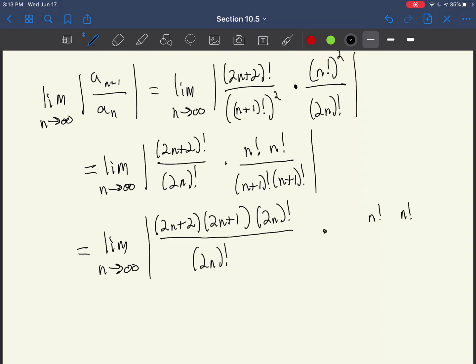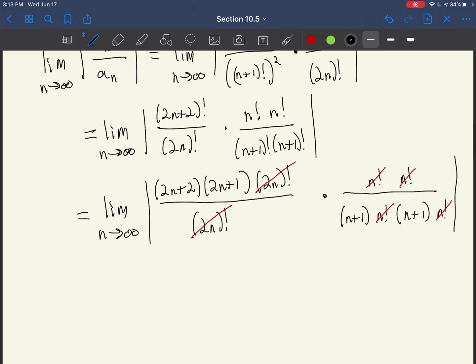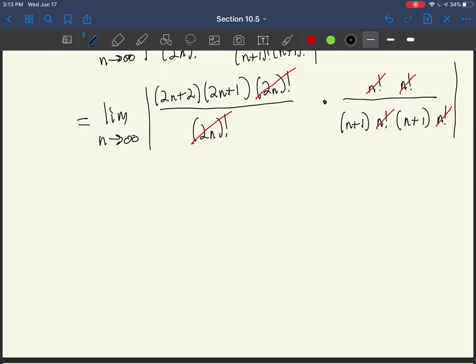And we'll do the same thing on the second fraction. We have n factorial over n plus 1 factorial, peel off that n plus 1, and you're left with an n factorial. And then do that again. And then all the factorials cancel. 2n factorial cancels with 2n factorial, and both n factorials cancel with n factorials.